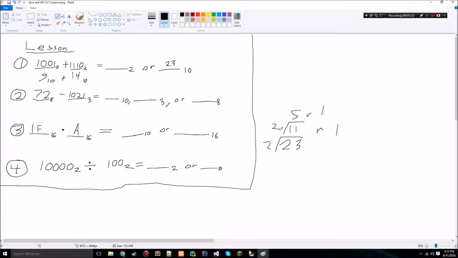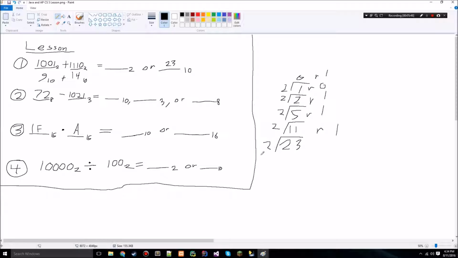Check that: 10 plus 1, 11. Yep. 2 goes into 5 2 times with a remainder of 1. So 2 times 2 is 4 plus 1, 5. Good. 2 goes into 2 once, remainder 0. And divide by 2 one last time. We get 0, remainder 1.